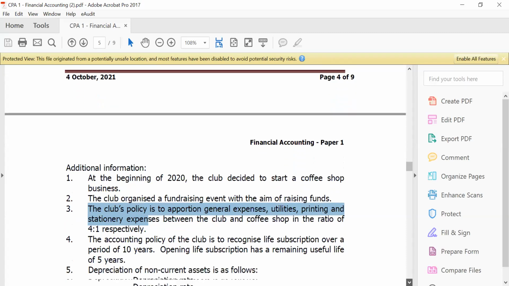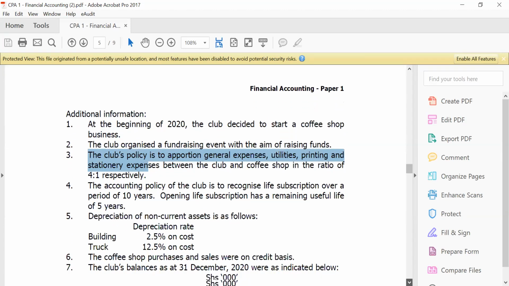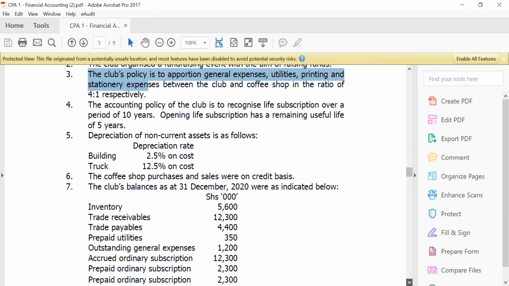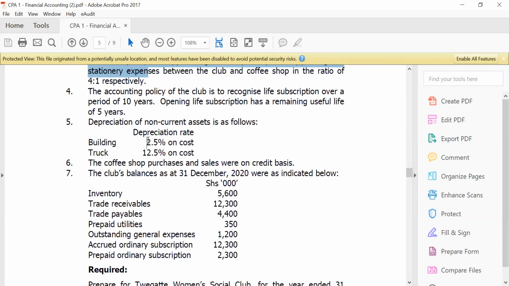Let me just see in the additional information if I have any other expense. So I don't have any other expense for now, but just in case, do we see depreciation there? Just in case there was any asset that relates to the coffee shop, we would then depreciate it.